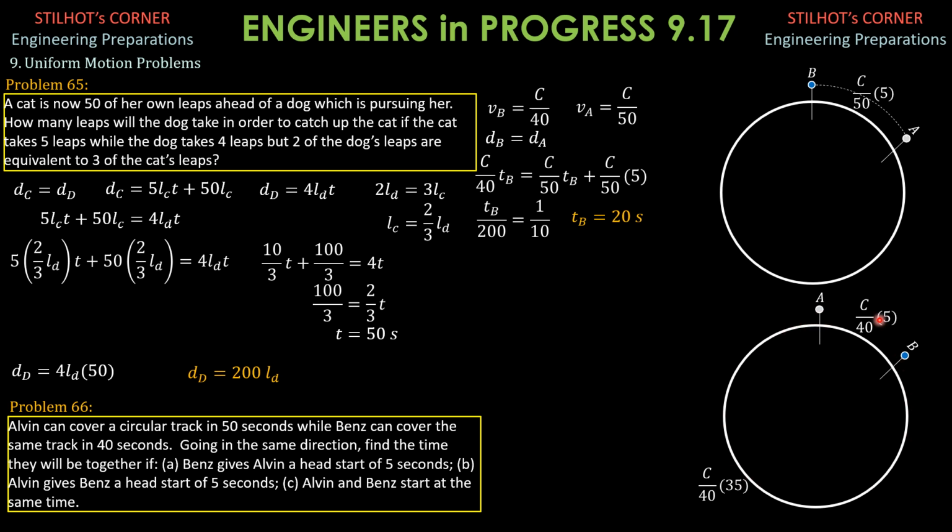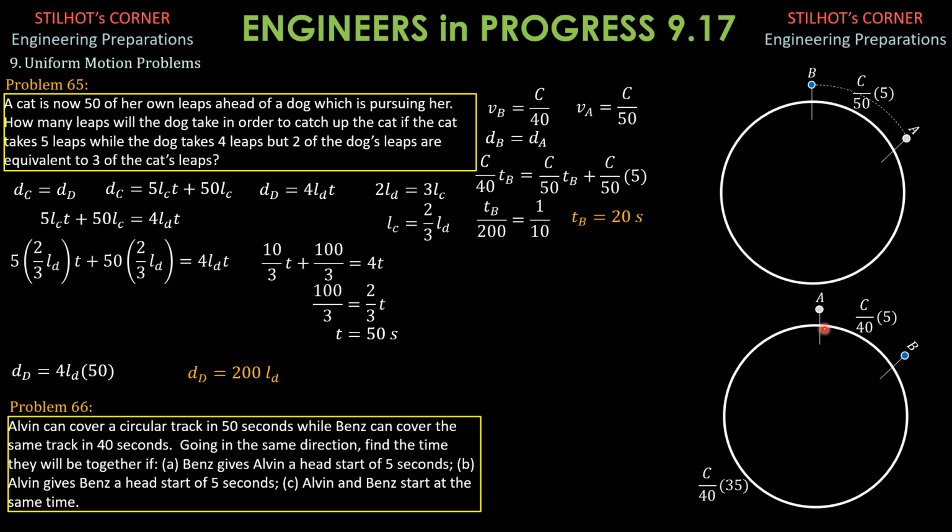So if he is ahead by 5 seconds supposedly, then this will be 35 seconds more for Benz to reach this position where Alvin originally is.